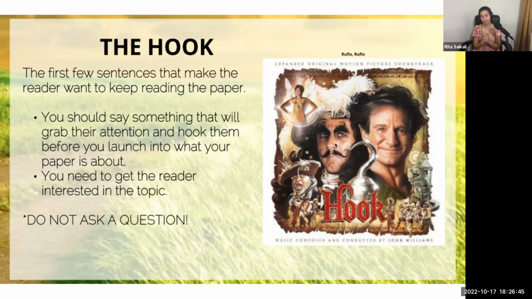You connect into something. So the reason why this is called a hook is because you click on or you connect to the reader and you pull them in, okay? That's what makes people want to read more. So the hook is the first few sentences that make the reader want to keep reading your paper.